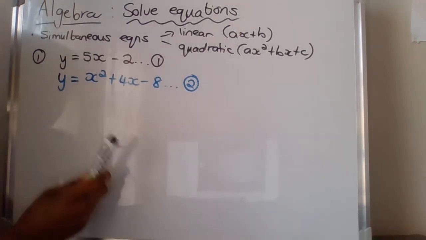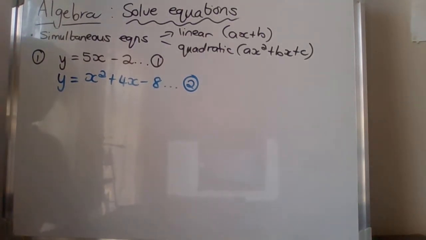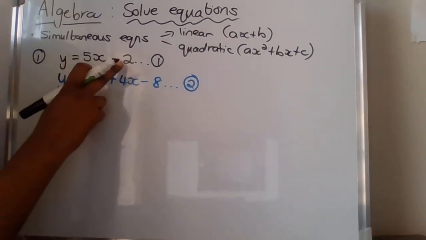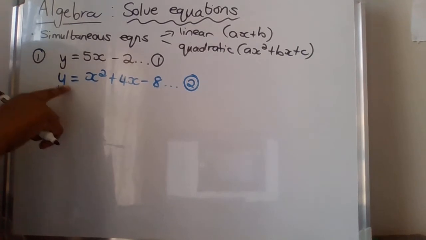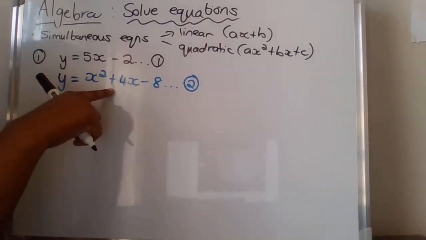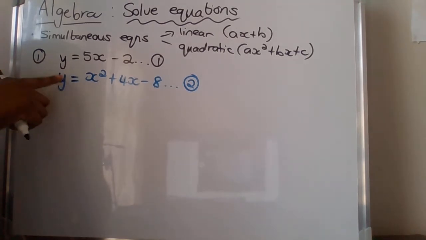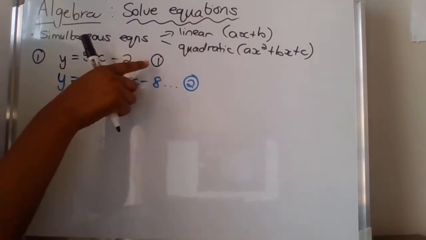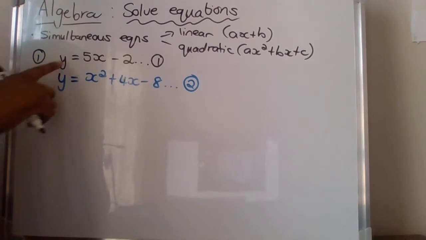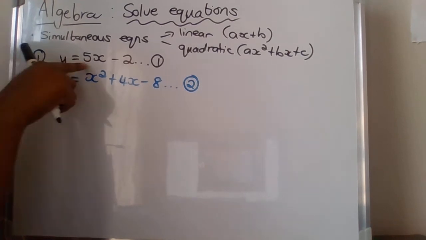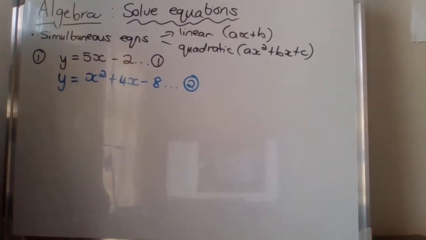So what we then do is, because we are saying y is equal to 5x minus 2 and y is equal to x squared plus 4x minus 8, essentially you are taking equation 1 and substituting it into equation 2. So everywhere there's a y, you're going to put in 5x minus 2.